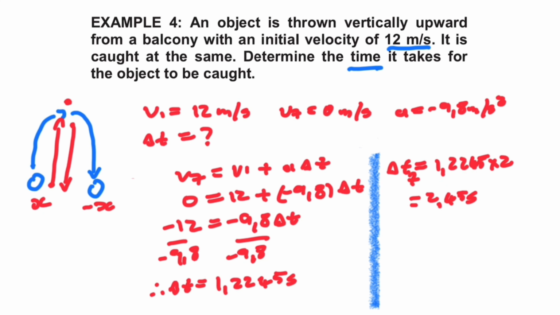So this is one technique we can use. As I'm saying, we can also use the fact that if it is thrown up with a velocity of x, at the same position as it is going down, the velocity will be minus x. We can also use this concept. So let's just go ahead and try it out and see if we're going to get the same answer.